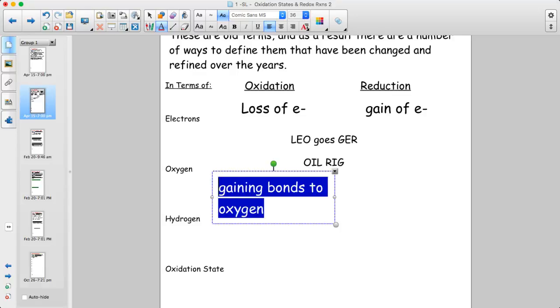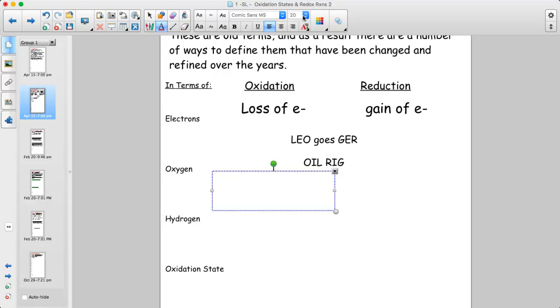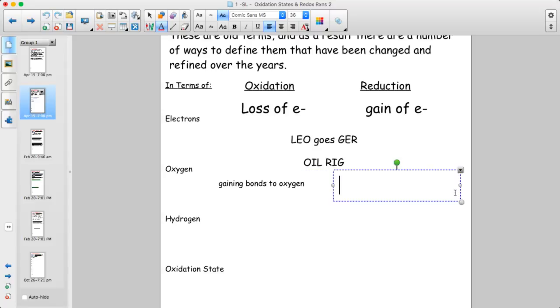And in terms of reduction, instead of gaining bonds to oxygen, it's losing bonds to oxygen. So sometimes we're going to have reactions that involve the element oxygen, and when something gets more oxygen attached to it, that would imply that it has been oxidized. And if oxygen is removed from something, that would imply that it had been reduced.